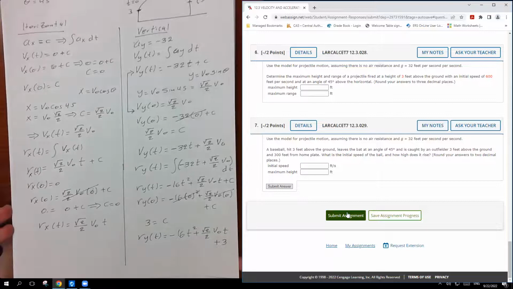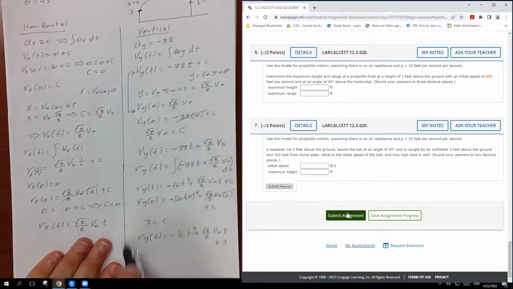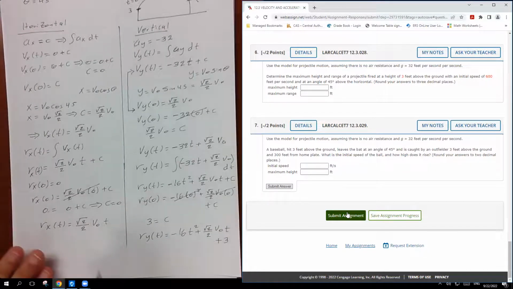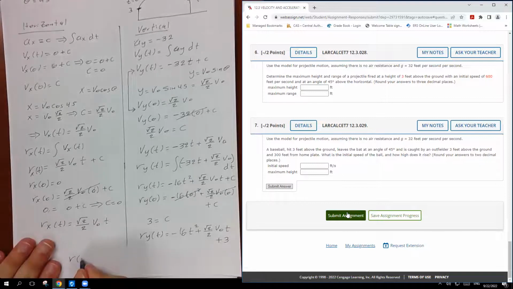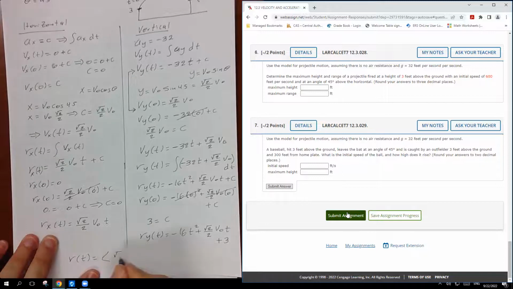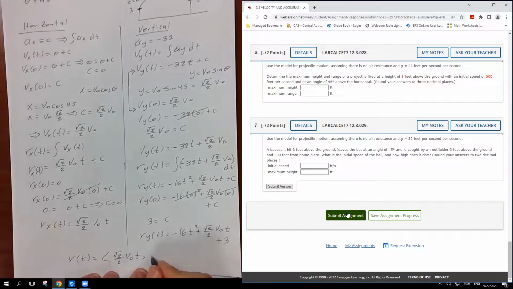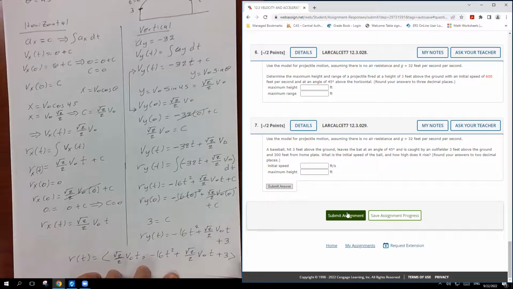We just found the position vector. So r of t is going to be, with the x, just v naught t, and with the y negative 16t squared plus square root of 2 divided by 2 v naught t plus 3. This is our position vector.